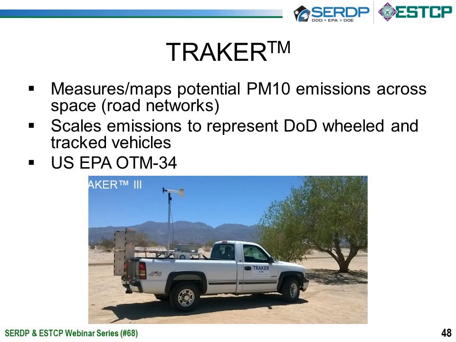The really good thing about using Tracker is that it can be used to represent other wheeled and tracked vehicles because of the linear scaling that we demonstrated in the previous slides. Once you know the emissions caused by Tracker, you can scale those emissions based on what they would be for another heavier vehicle moving at a faster or slower speed.